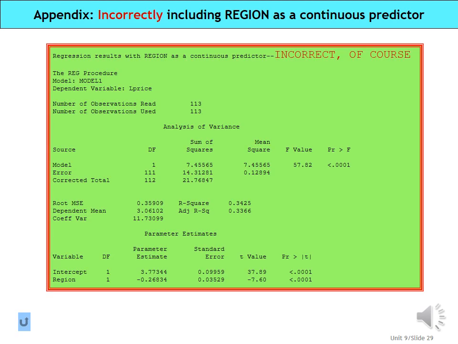Used by the means. This is if you put it into regression results, the region as a continuous predictor that produces significant results, the F value. Here there is a beta weight for region 2.